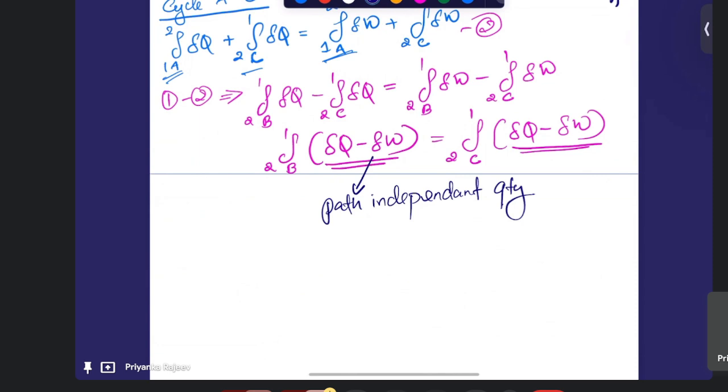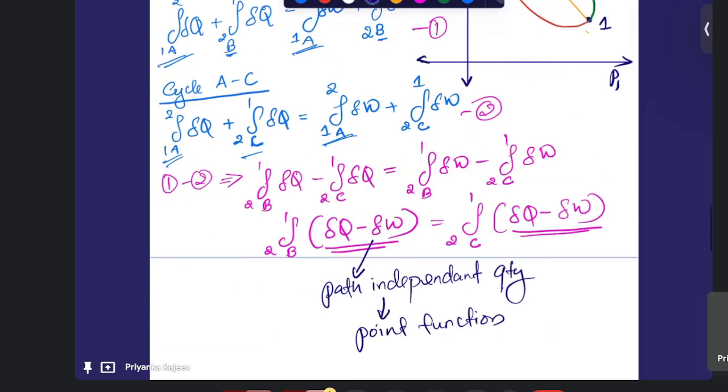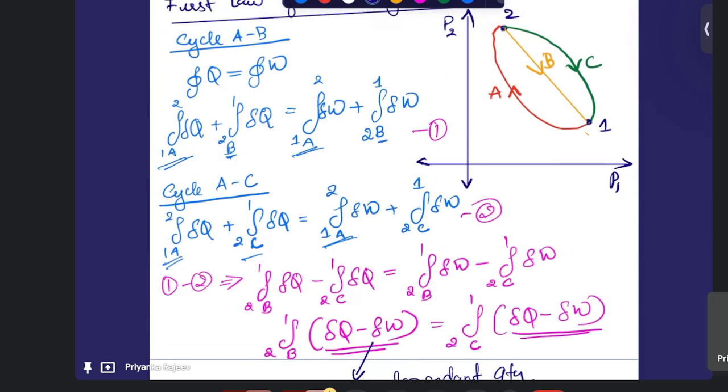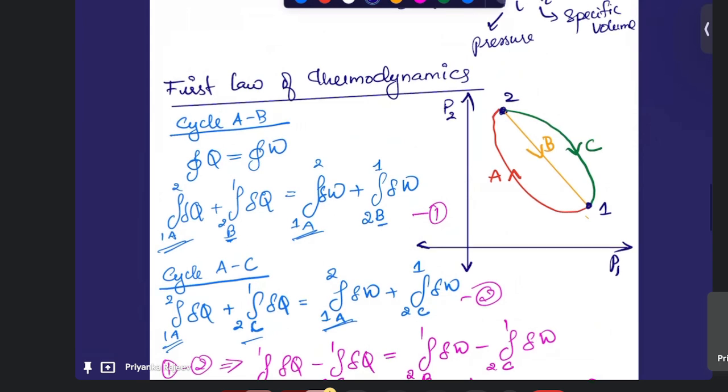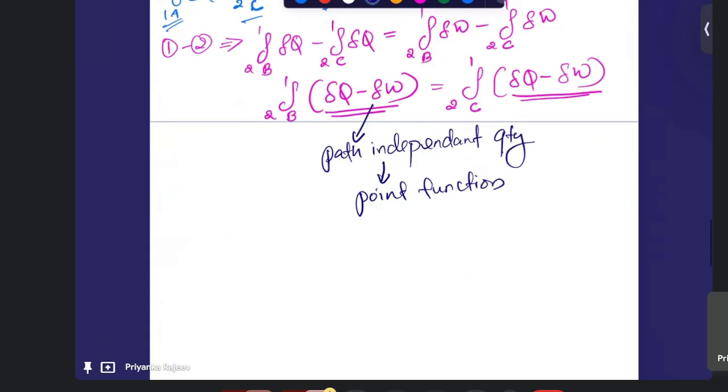This path independent quantity is called a point function. That means it doesn't depend on the path, but it depends on the point of calculation, like from 1 to 2. So 1 is a state or a point, and 2 is a state or a point in this property coordinates. Unless you change these 2 points, no matter which path you are taking between the points, this quantity of delta Q minus delta W is not going to change.